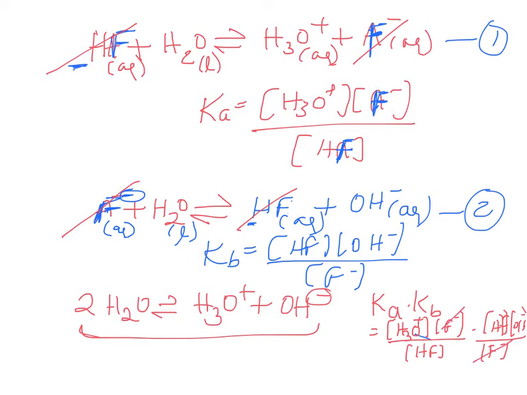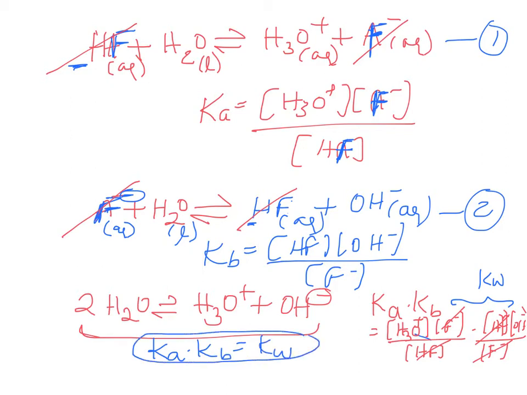Fluoride and fluoride cancel, HF and HF cancel. You're left with hydronium times OH, and that, by the way, has a specific name, Kw. And so one can say at any given point of time that Ka times Kb is equal to Kw.